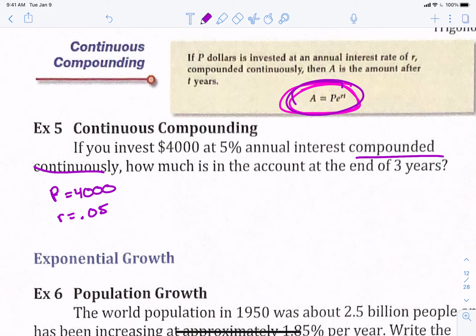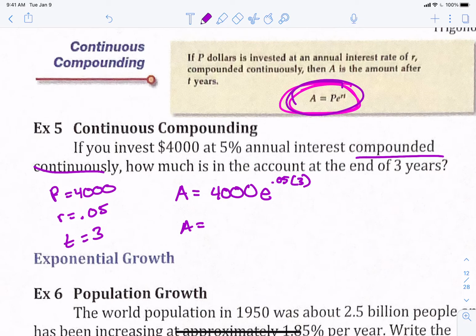How much is in the account at the end of 3 years? 3 is T, and that's all the information we need. We're solving for A. So 4,000 times E to the 0.05 times 3. We just need to plug that in and solve for A.